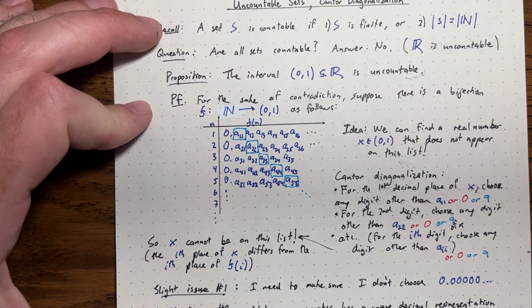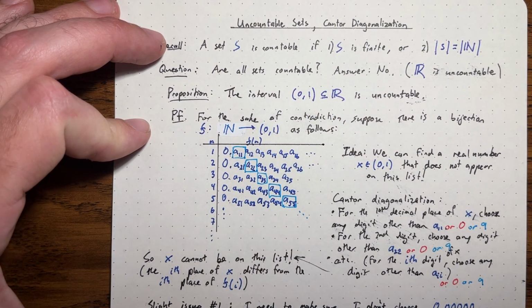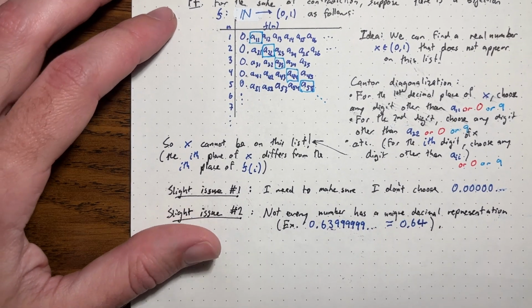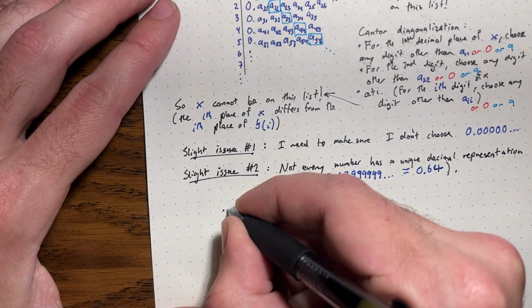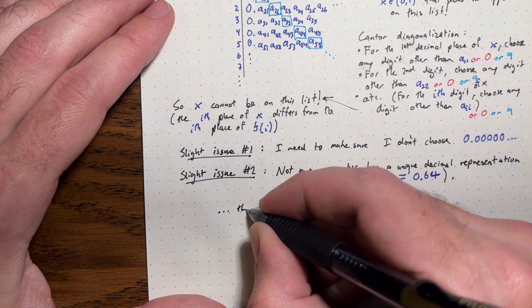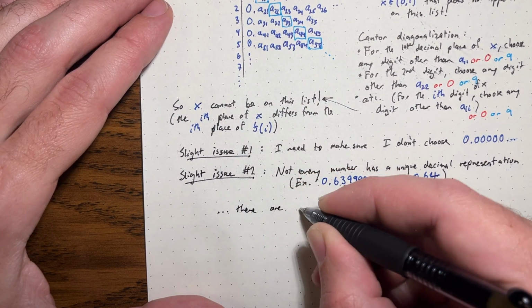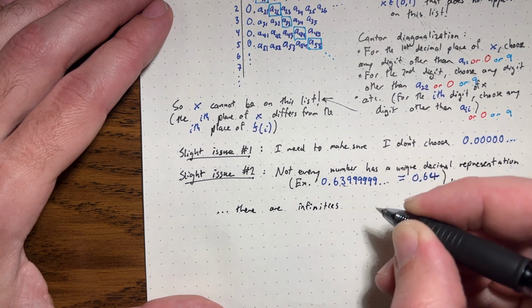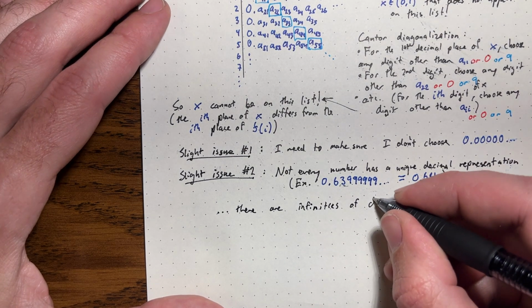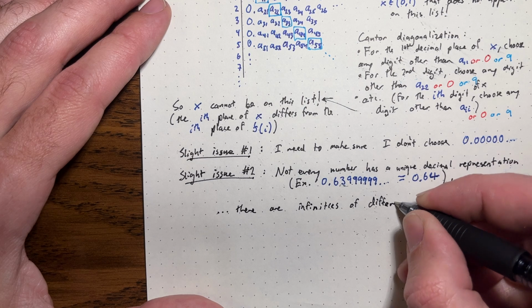So this set is uncountable. And the philosophical implication, you have to be a little careful with this, is that there are infinities of different "sizes." That's a really interesting thing to think about with this argument.